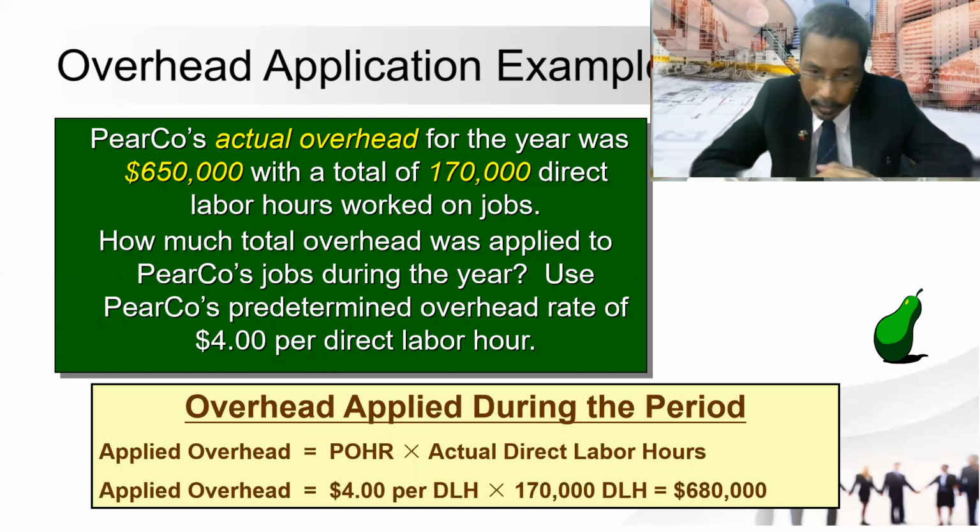So that means $4 per direct labor hour times 170,000. So our estimate is equal to $680,000. Take note, $680,000. But the actual overhead is 650. So we have what? Over applied.